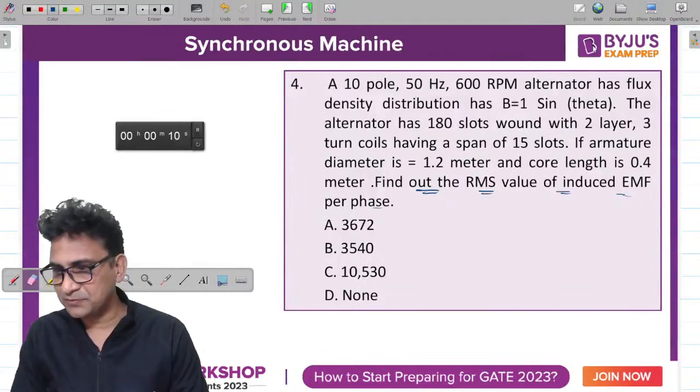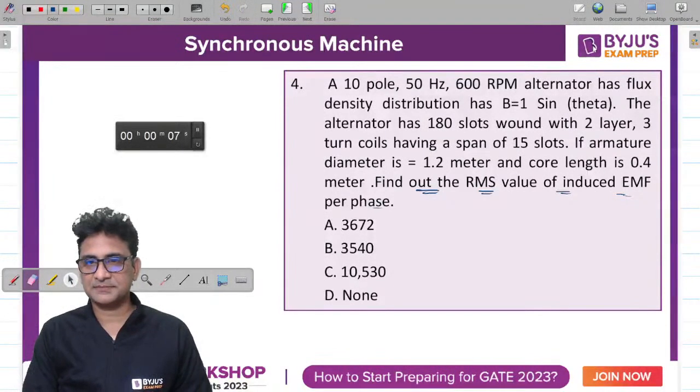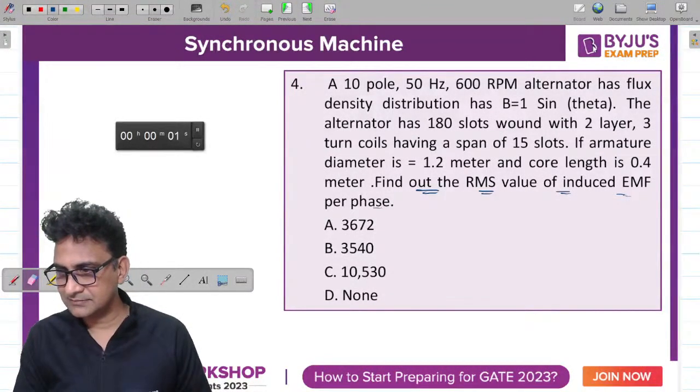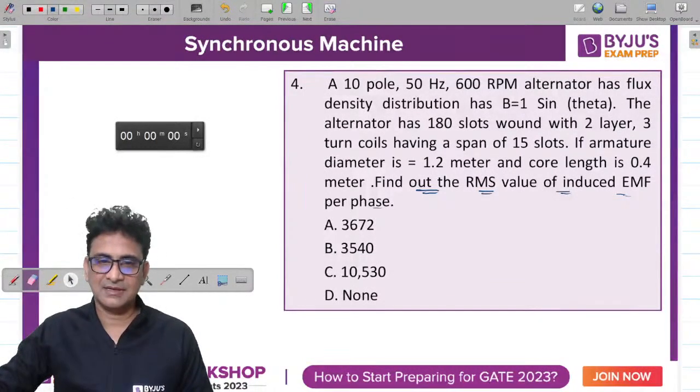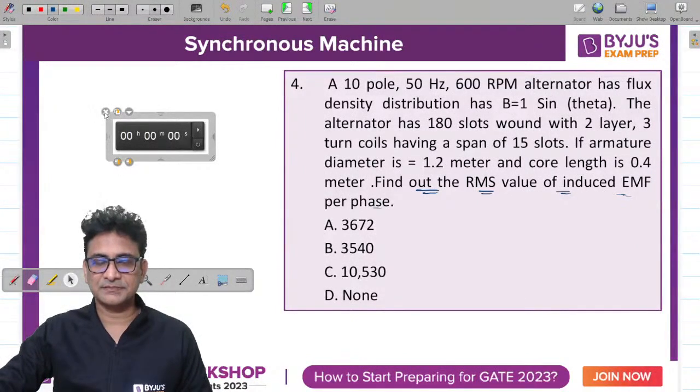That means 3540. Let's see whether it will happen or not.